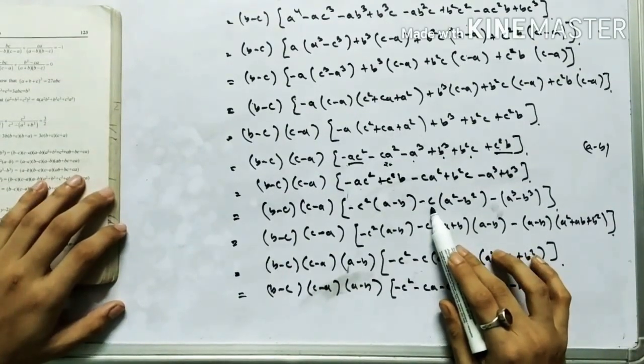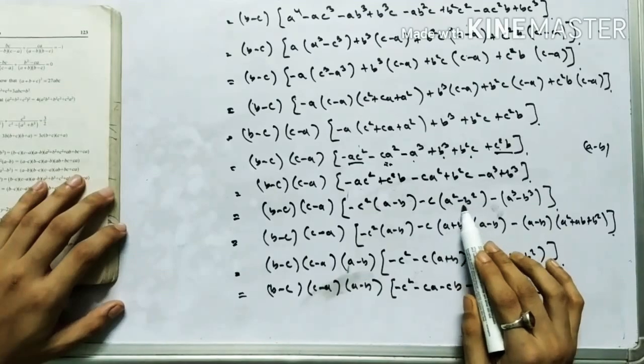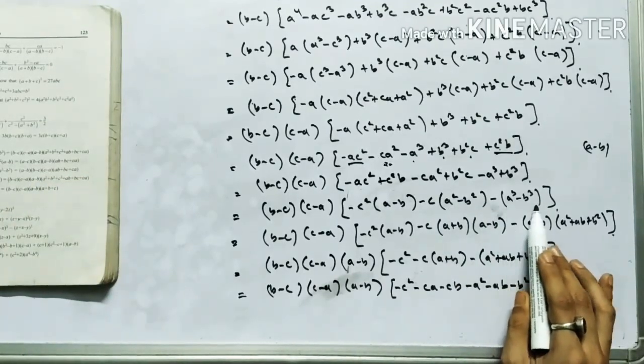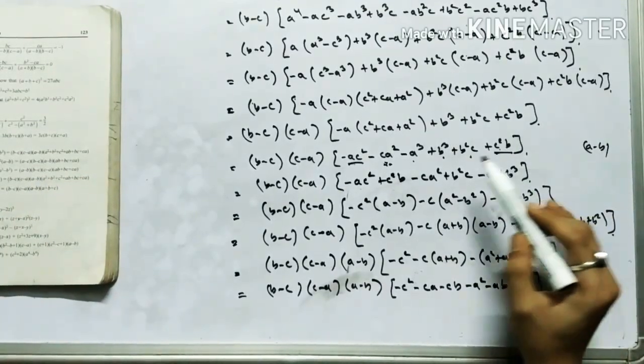Minus c, if I take common, then I will get a square minus b square minus a cube minus b cube. Everything is correct there.